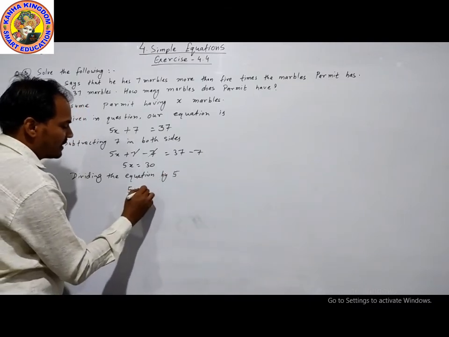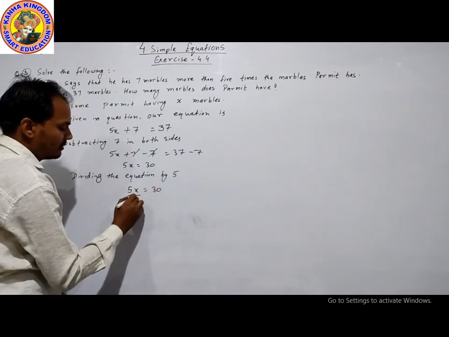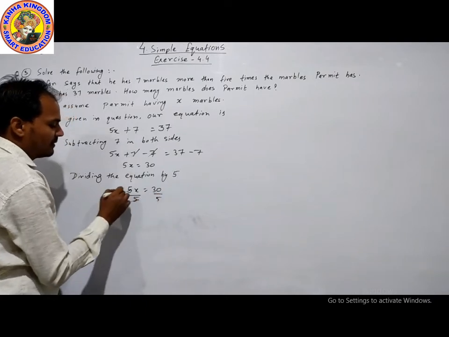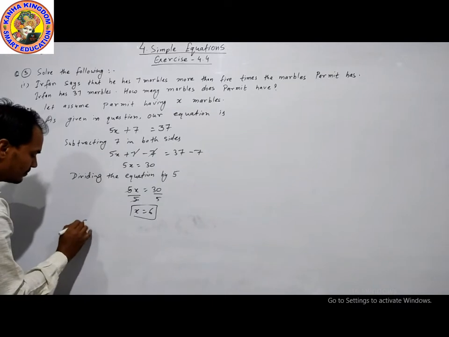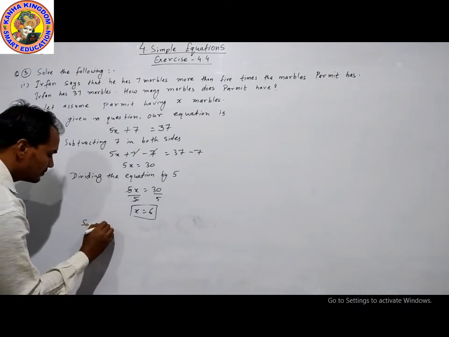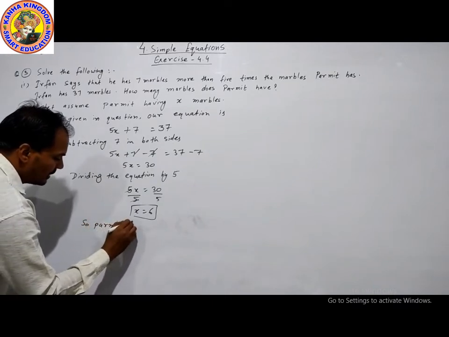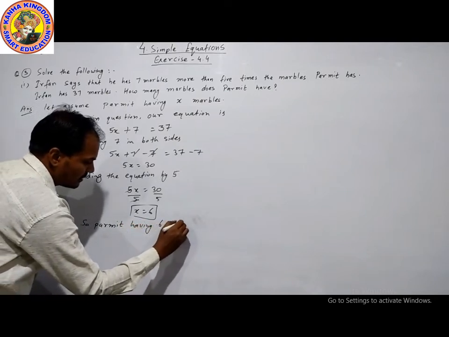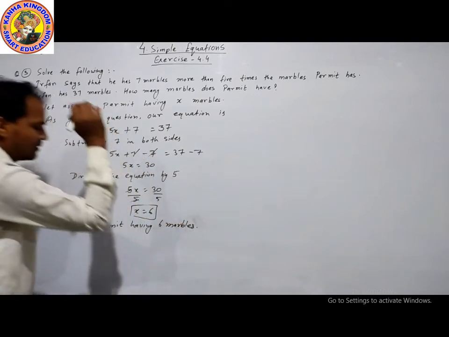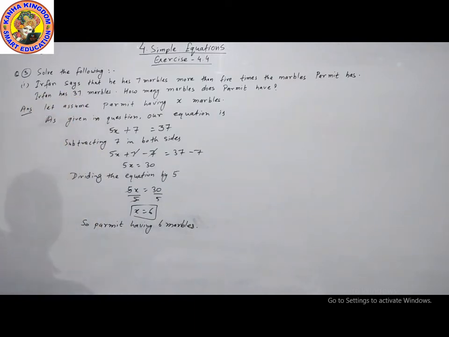The equation is 5x is equal to 30. Now we will divide by 5. 5 and 5 cancel. x is equal to 6. Parmeet has 6 marbles. This is our answer.